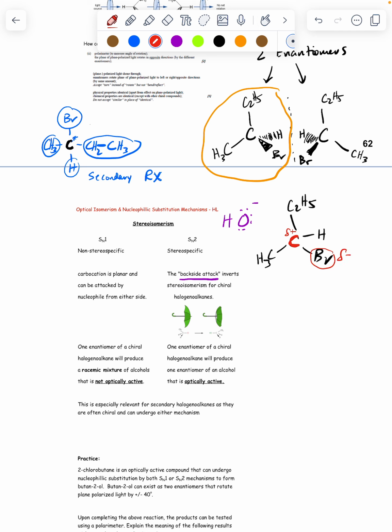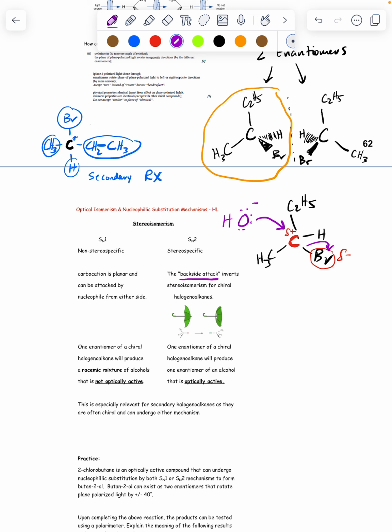It's a polar bond towards the halogen. And so the hydroxide is never going to attack this molecule from the bromine side, because there's a negative charge, there's a little bit of repulsion there. So it's always going to attack from the backside, away from the bromine. And so it's always going to come in from that orientation. The bromine is always going to leave from this orientation.